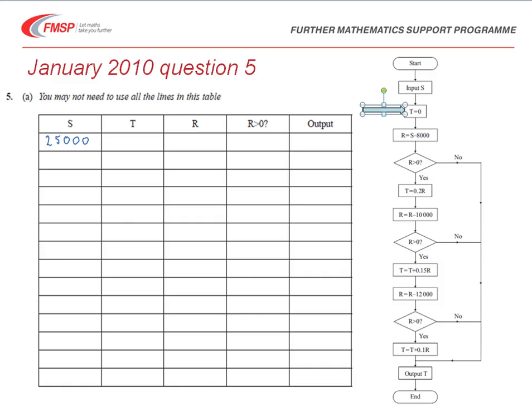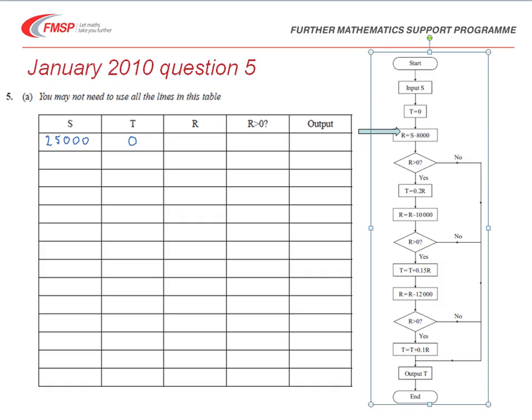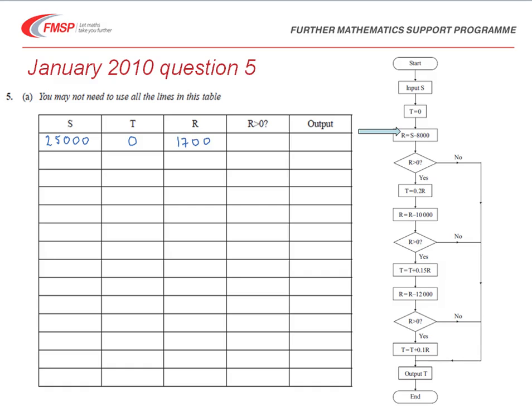T is equal to 0, so entering that on the spreadsheet, and then we have a calculation to do. R is equal to S minus 8,000, so 25,000 minus 8,000, so R has a value of 17,000.